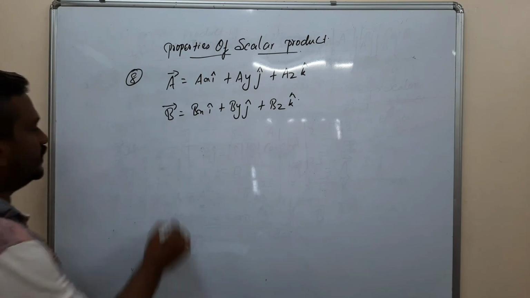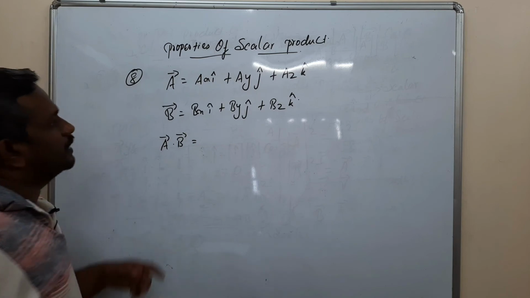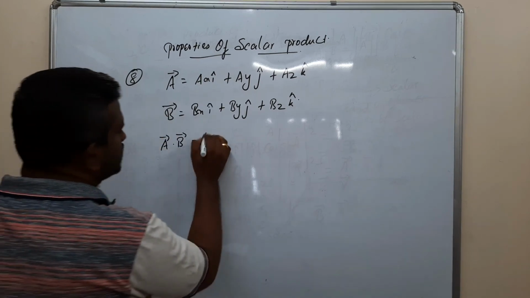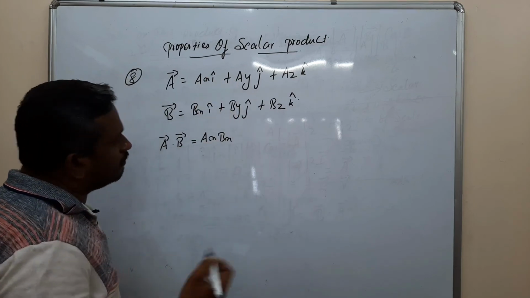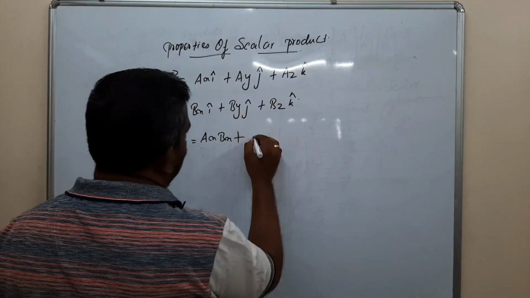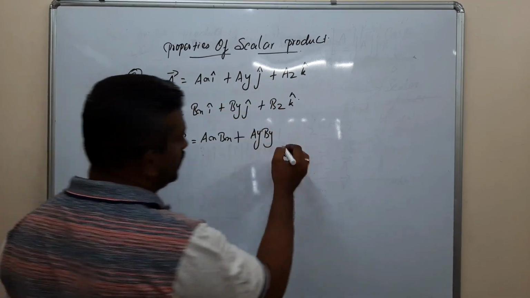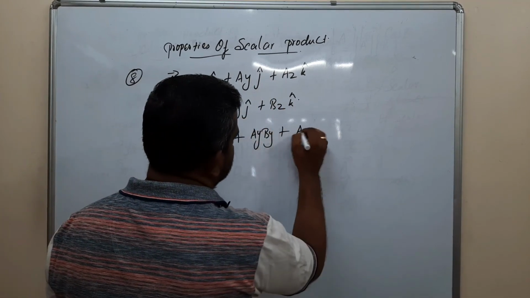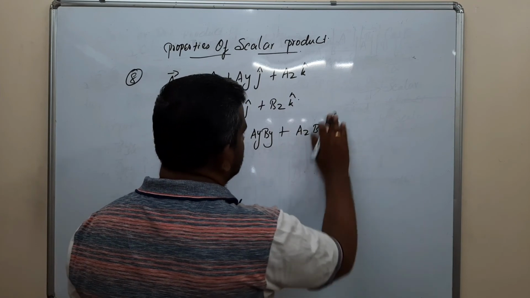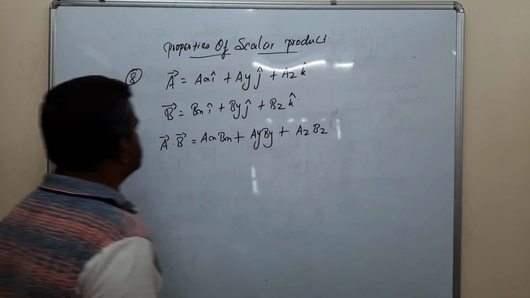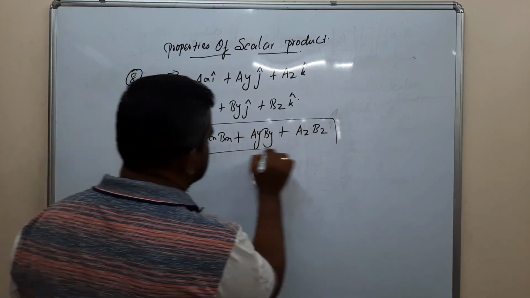What is A dot B? It is Ax into Bx, i dot i is 1, plus Ay into By, j dot j is 1, plus Az into Bz, and k dot k is 1. So this is the dot product of two vectors.